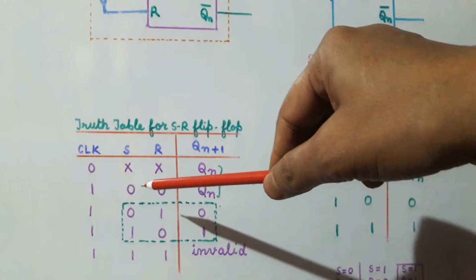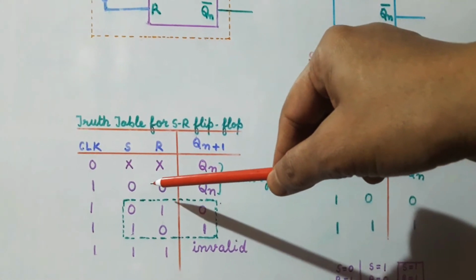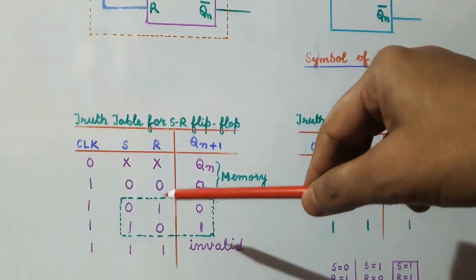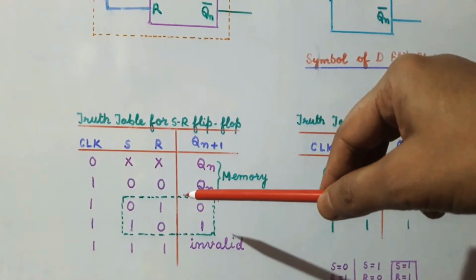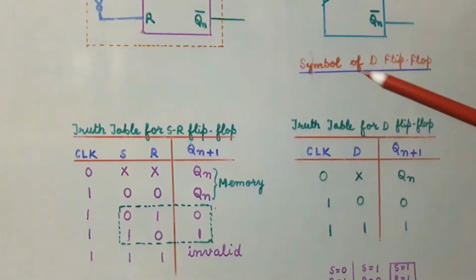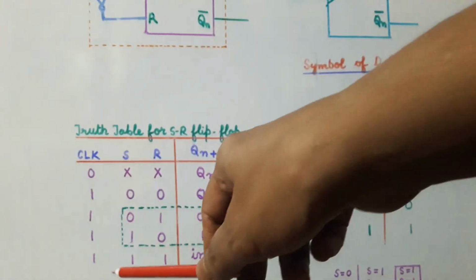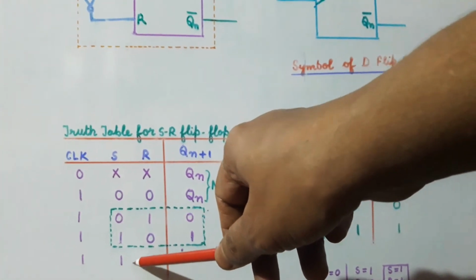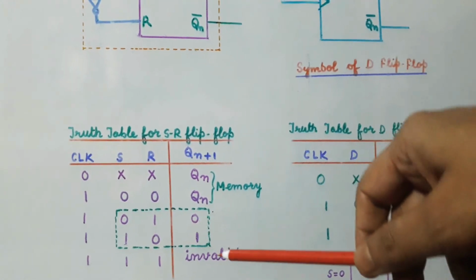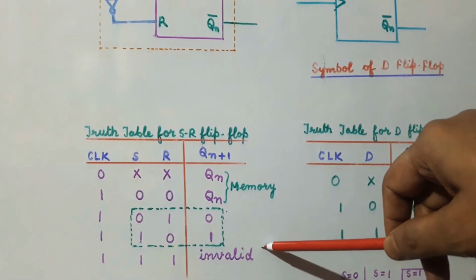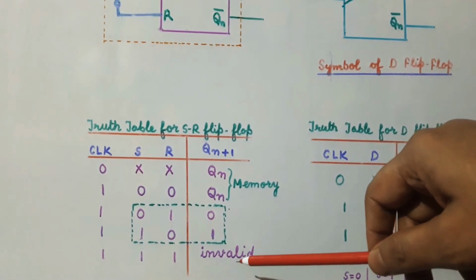We can just give one input to this flip-flop and complement the other. That is what we have to do to get the D flip-flop. Now what about this case? That is, when the value of S is 1 and R is 1, we see that this is an invalid case. So we are not going to use this case.